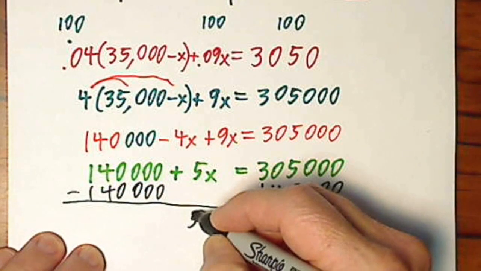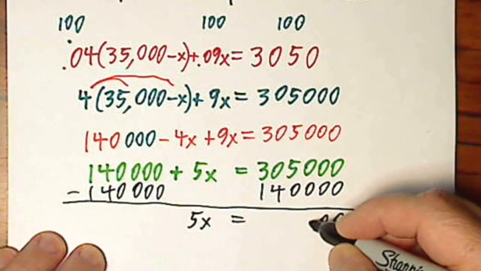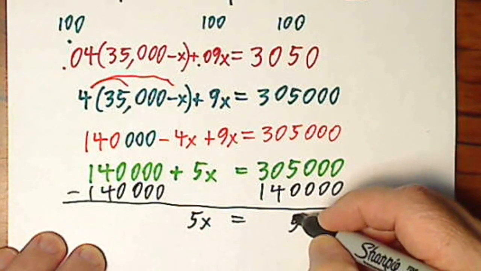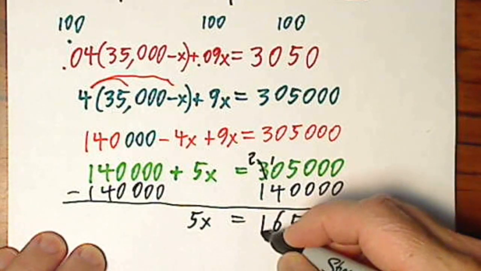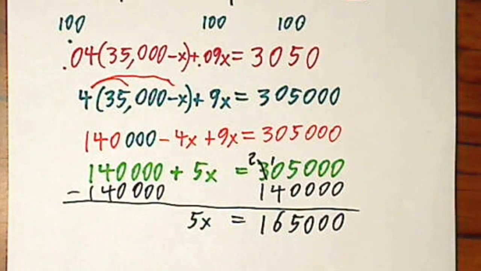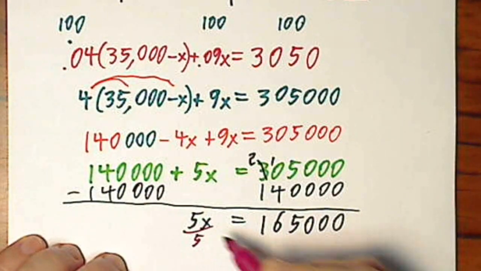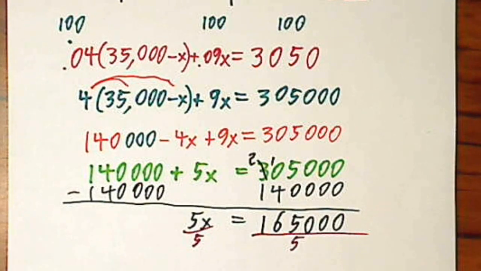So on this side, we're just left with our 5x, and over here, and one more step. You got to get x by itself, divide by 5, divide by 5.